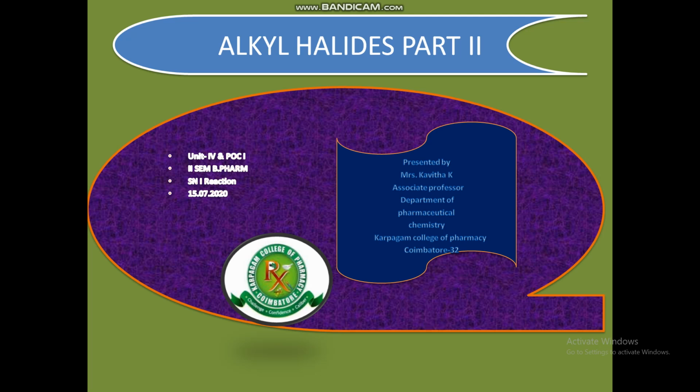Alkyl halides are more reactive than vinyl chloride, chlorobenzene and benzyl chloride, due to the polarized bond of RX. Because of this polarization, carbon becomes electron deficient and alkyl halides become more reactive.